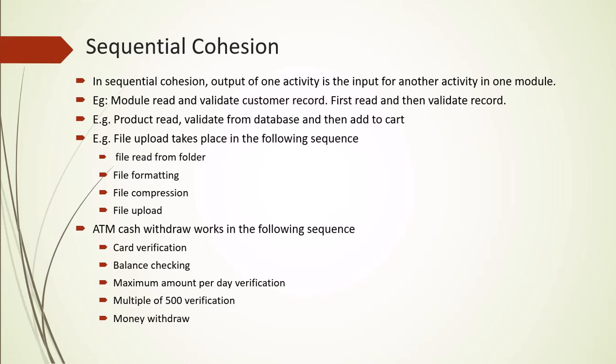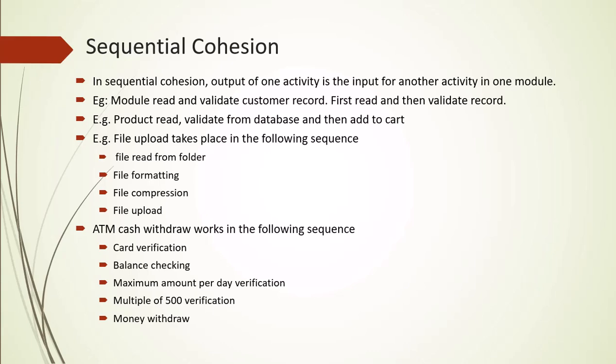So all these are examples which are executed in sequence. Remember that all these are inside one module, like an ATM transaction is one module, and the purpose of that module is money withdrawal or money transfer.